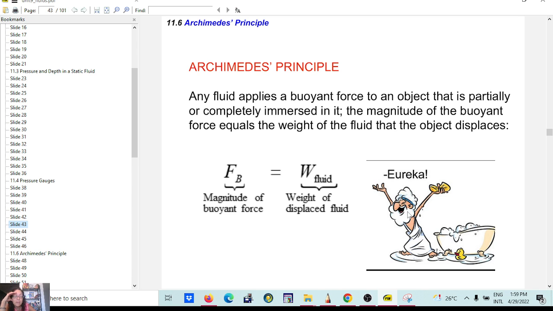Apparently when he figured out this principle, he went naked in the Greek street yelling Eureka. That's the story. I don't know if it is true. When he figured it out, he was in his bath because he was displacing water and experiencing a buoyant force.